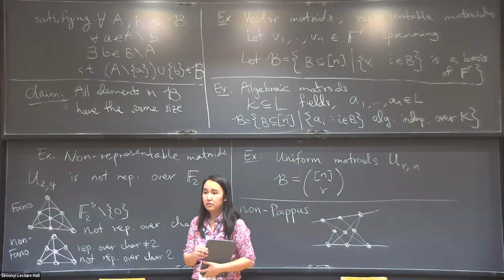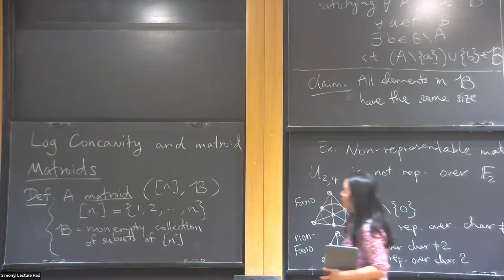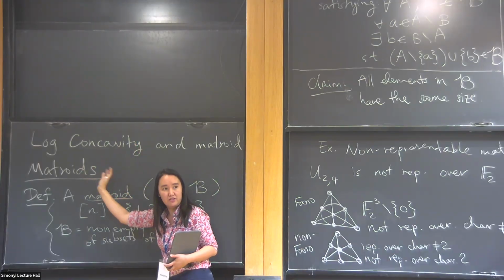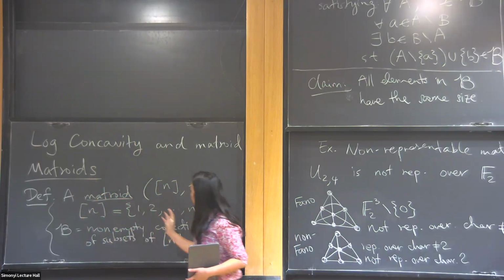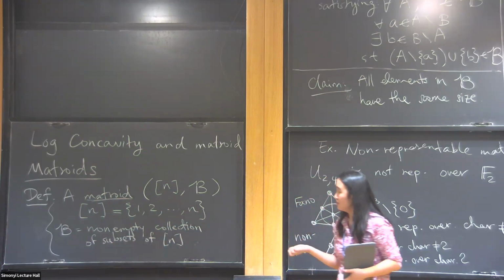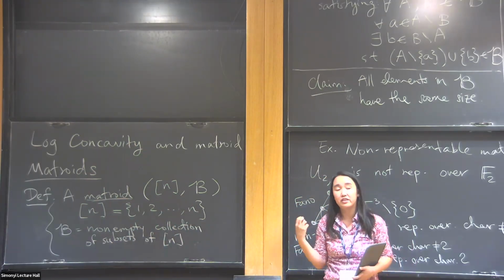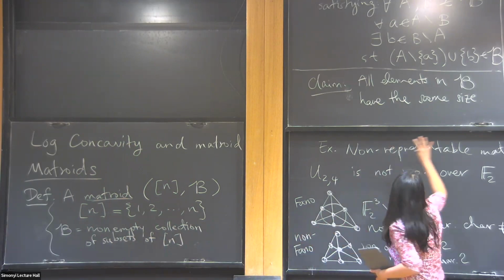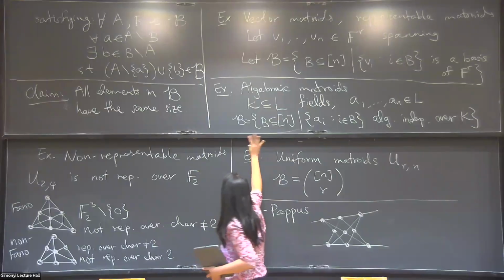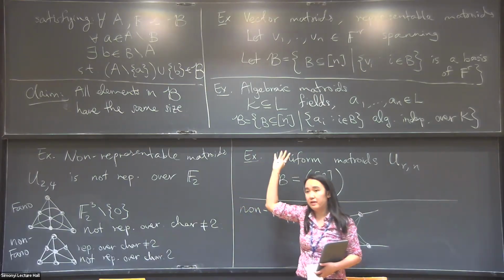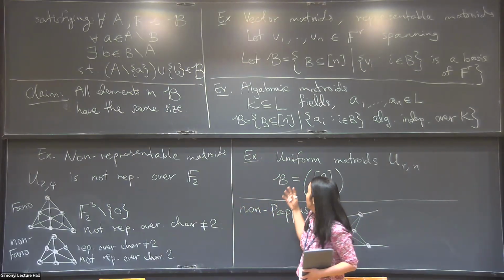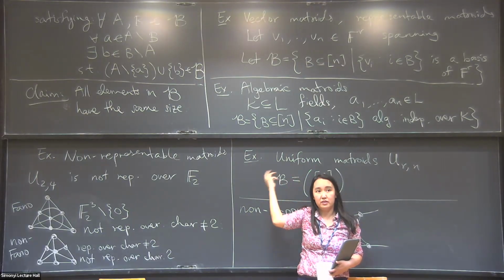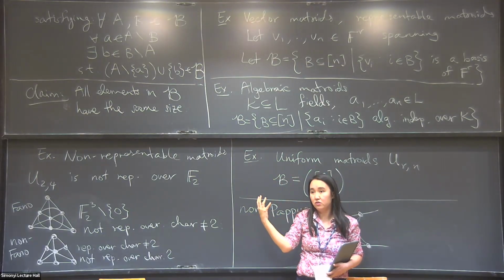Okay, sure. So I started with the definition of matroid. I'm not going to get to the log-concavity today. A matroid is an axiomatization of the idea of independence in mathematics. So you can look at vectors in a vector space and linear independence, or algebraic independence over a field, meaning whether these elements satisfy polynomial equations.